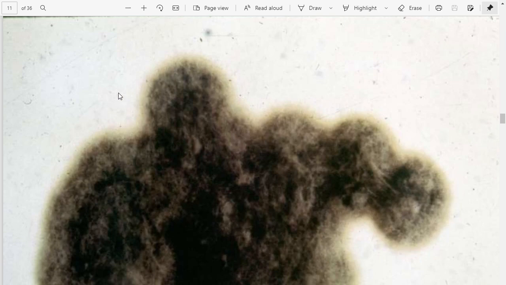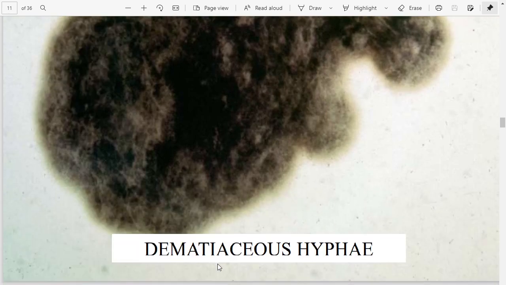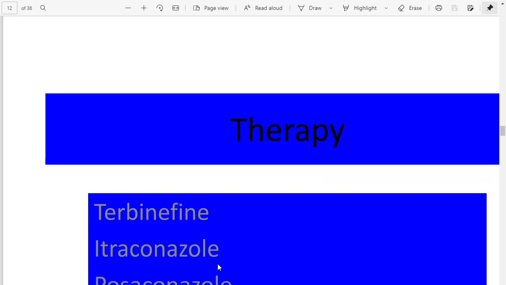This is the dematiaceous fungi, a specific type of colony, fluffy, dark brown colonies, which will be pathognomonic, called dematiaceous hyphae, the mycetoma causing agent. Therapy is the same as that of the first condition: terbinafine, itraconazole, posaconazole, and the duration of treatment, with excision of the lesion and continuous care of the wound.